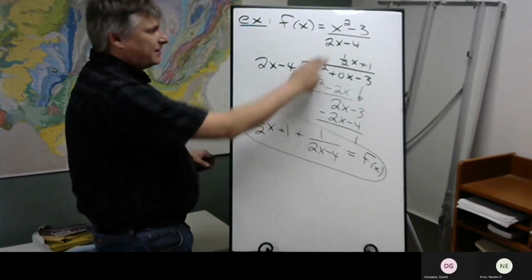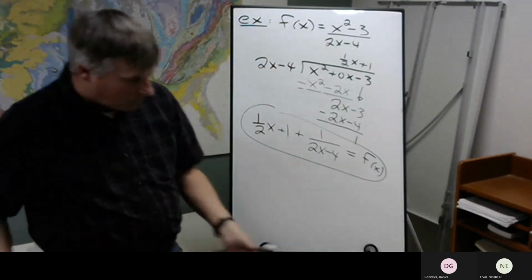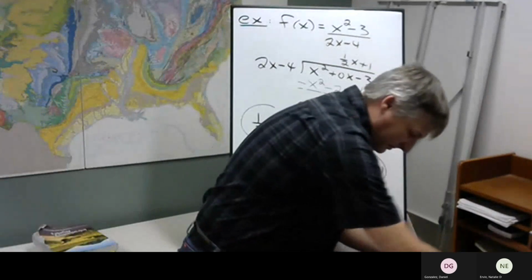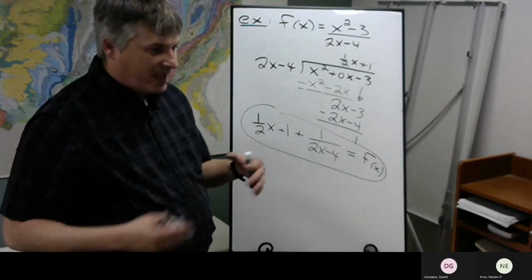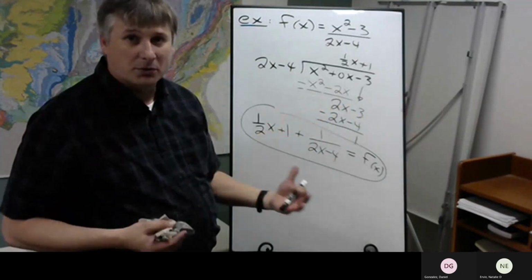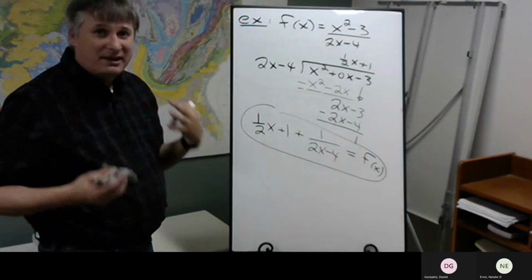So this is the same as this, just a different way of looking at it. So what we're going to do is take a look at this as x either heads down the positive x-axis towards infinity, or goes down the negative x-axis towards negative infinity.